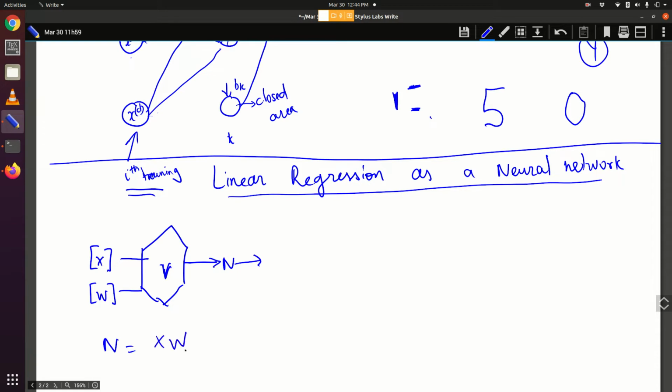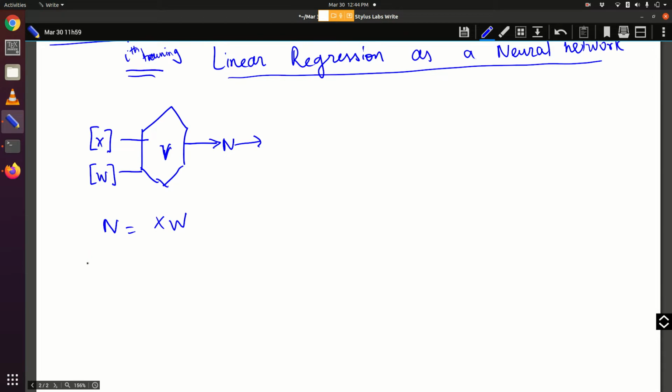Let me write what X and W are very clearly. X is X11, X12, up to X1D, and X21, X22, up to X2D, and this is XN1, XN2, up to XND. So there are D different features.